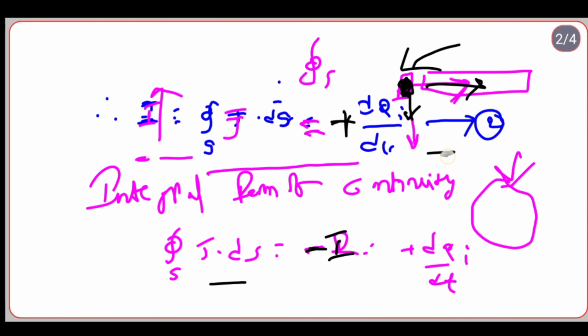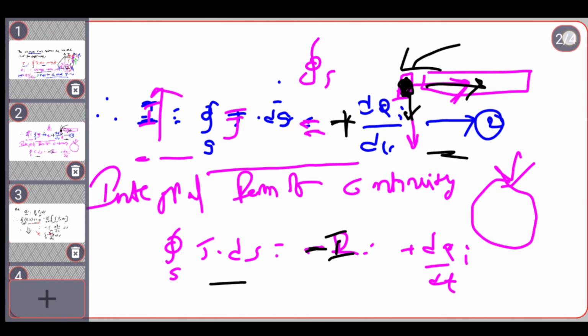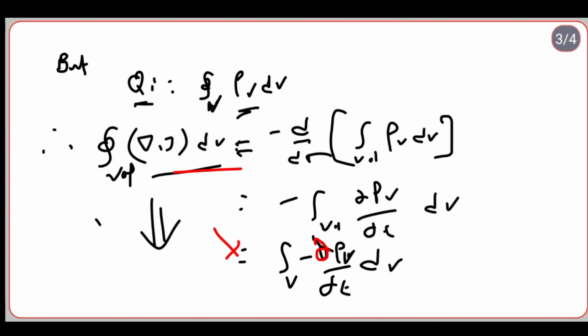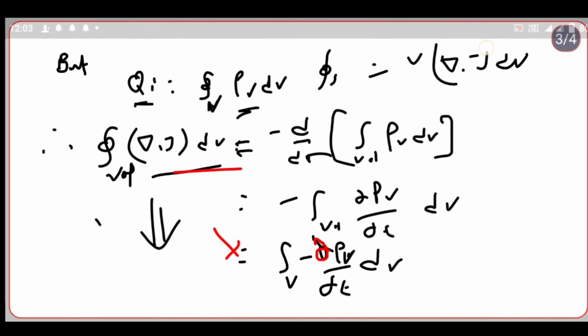The point form of the continuity equation can be obtained from the integral form. It is the integral form of the continuity equation, hence we are now seeing the point form. By using the divergence theorem, the surface integral can be converted to a volume integral of del dot J dv. Here surface integral J dot dS equals volume integral del dot J dv.